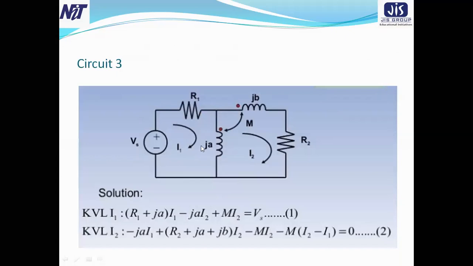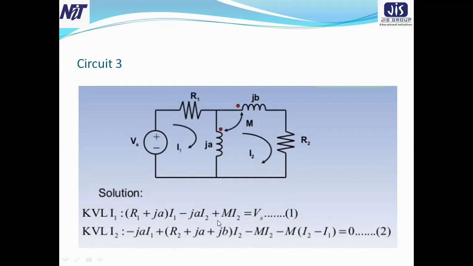Now circuit 3, look at this case. In loop 1, if we apply KVL, how do we find I1? (R1 + jωLA − jωL) I1, minus jωLA I2, opposite direction, so minus is coming, plus M I2, same position, starting point positive terminal, that equals V2.